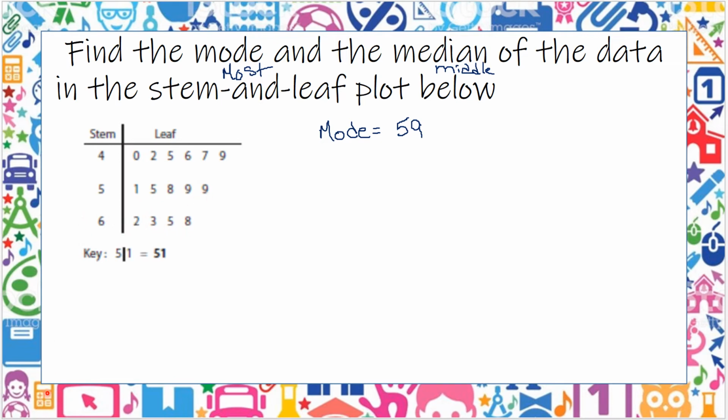So 15, the middle number is number 8. So I'm going to count 1, 2, 3, 4, 5, 6, 7, 8. That means there are 7 on each side, and the median is 55, because there's 1, 2, 3, 4, 5, 6, 7 numbers after it and 7 numbers before it.